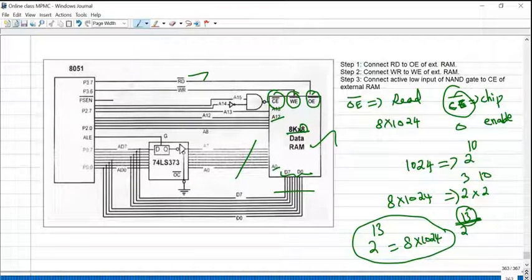A0 to A12 are connected with the memory. A13, A14, A15 are left.